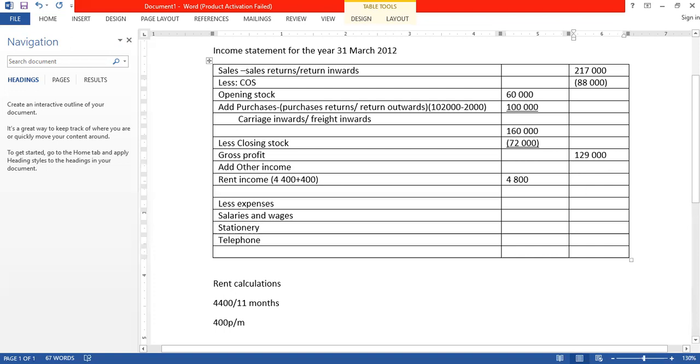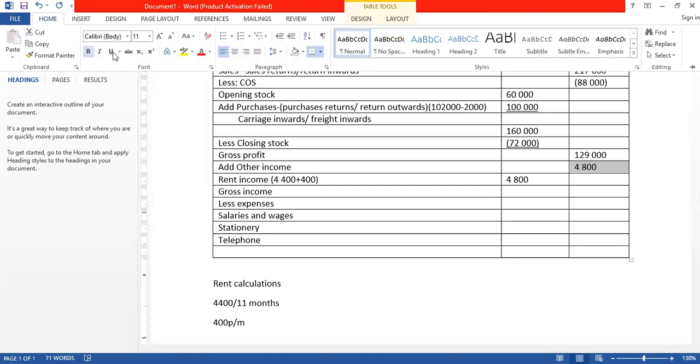In this case, it's just 4,800 because it's the only income. And then from there, gross profit add other income will give you your gross income. You understand? So your gross profit and other income, you get your gross income.